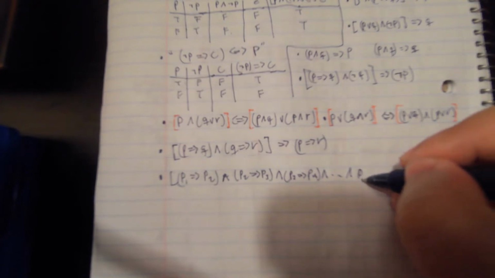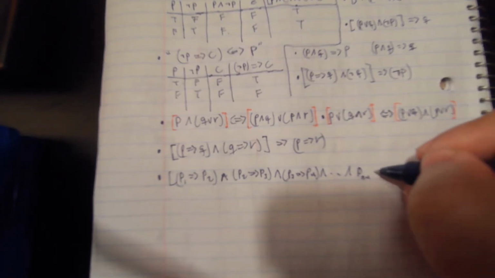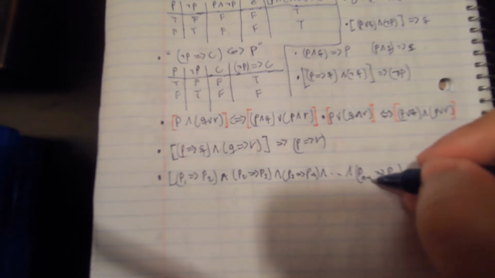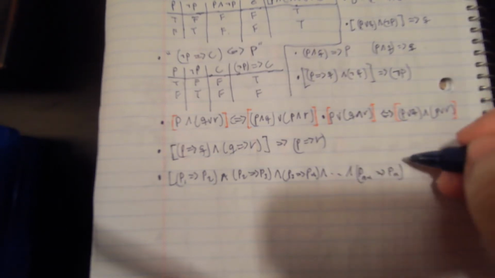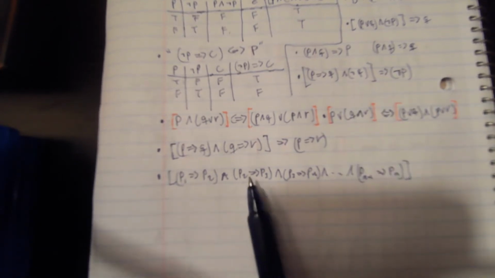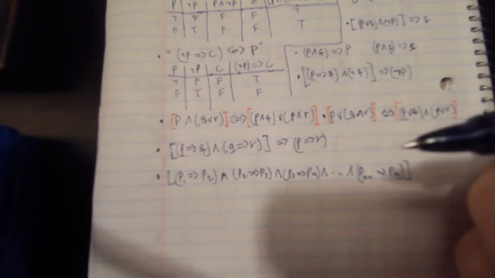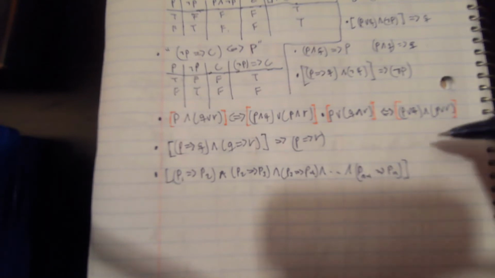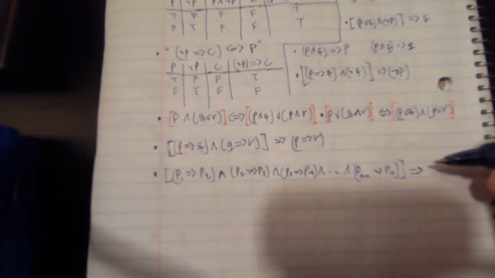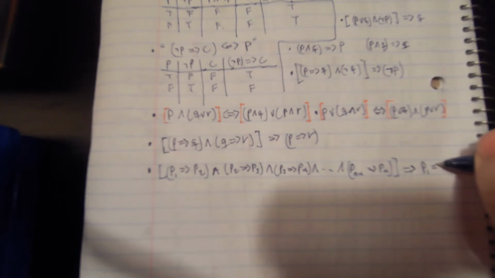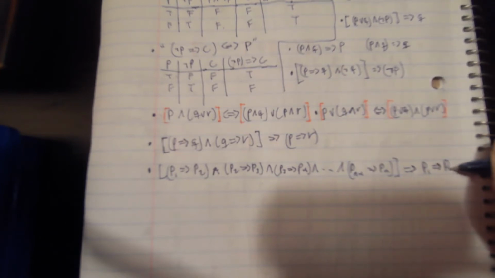Let's say P(n-1) implies Pn, the last one. So the penultimate implies the last one. If you have this whole chain of conclusions, this implies that, that implies that, then you can say all this implies that P1, your very first statement, does ultimately imply your last statement.